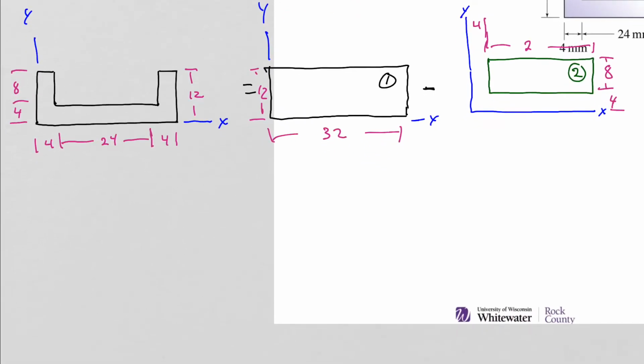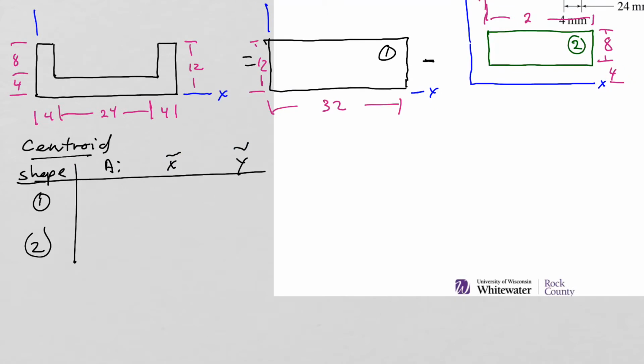Okay, let's take a look at setting up our normal table that we would have to find the centroid. So remember, we are looking for the centroid first. For shape 1, we want to find the area, that is just 12 times 32 millimeters, or 384 millimeters squared.